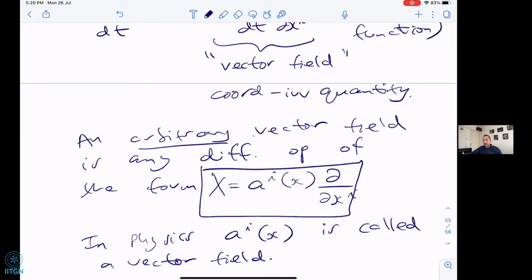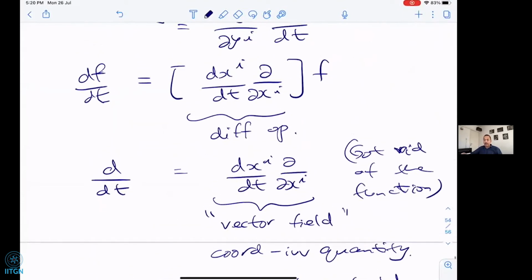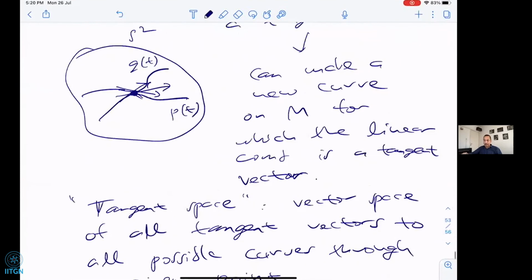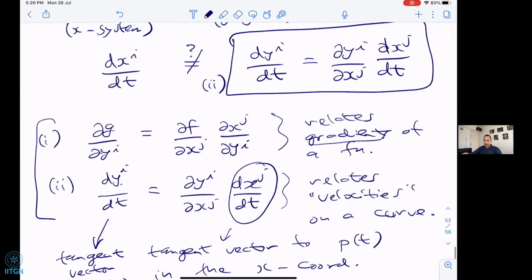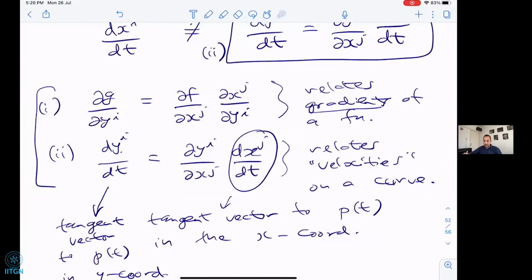But in mathematics, it's more convenient to write it always with d by dxi multiplying it as an operator, because once it's a differential operator, it's coordinate independent. Just ai of x cannot be coordinate independent. In fact, it will transform the same way as any velocity, and velocity is transformed according to our equation number 2 over here, this one. Good. So now let's take questions.